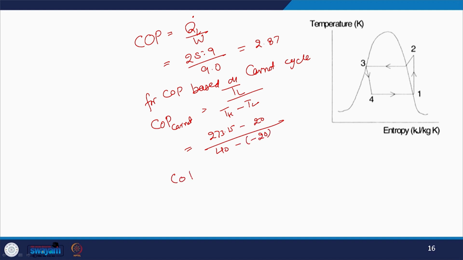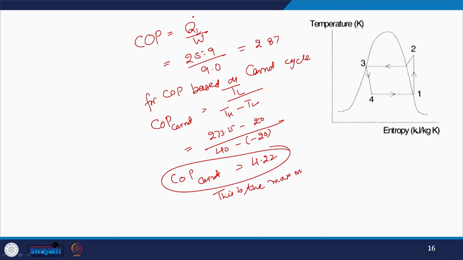So the COP Carnot is 4.22. Now this is the maximum COP which we can achieve.